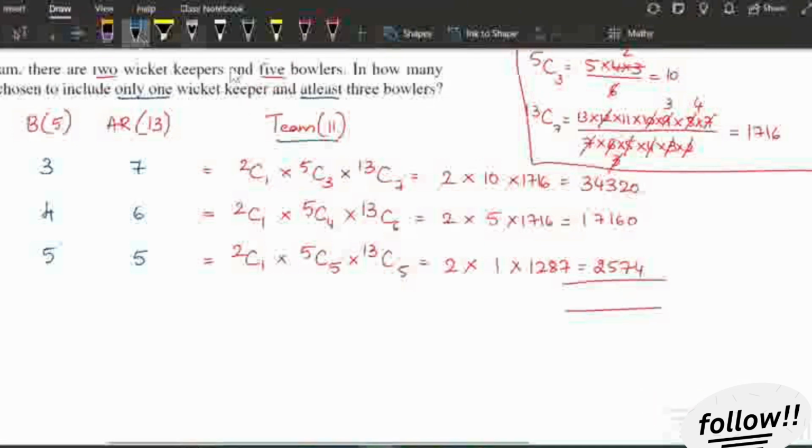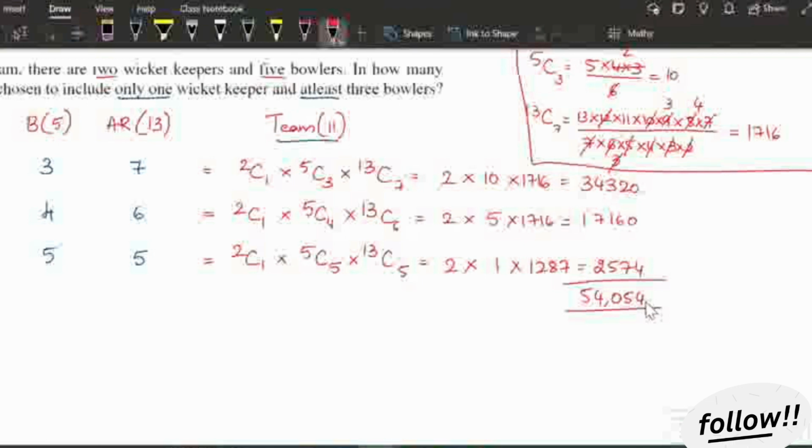Find out the sum of this. We have 34320 plus 17160 plus 2574, which gives you 54054. This many teams are possible.